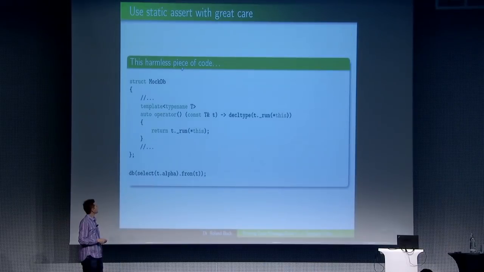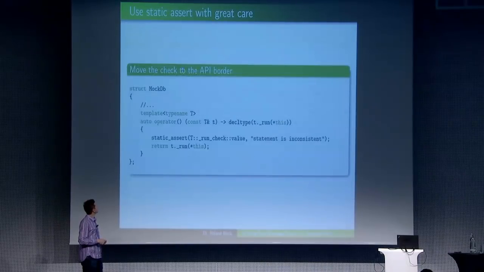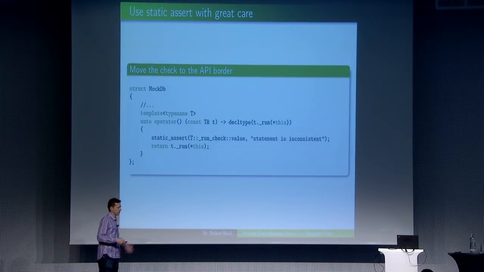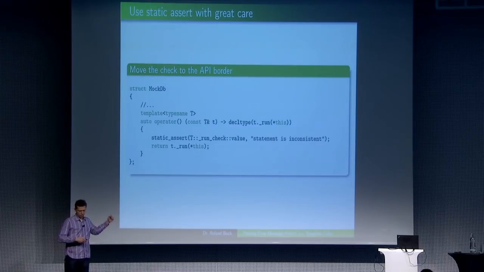Not going to show that in all detail, but the result would be something like this. The statement would have a run check type. That's basically the all that we had, and that thing has a value, and we can just check whether the statement is consistent or whether it's ready to run or whatever. And then we have brought the static assert down to the user. Okay, that's cool.